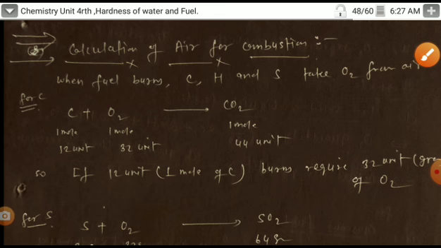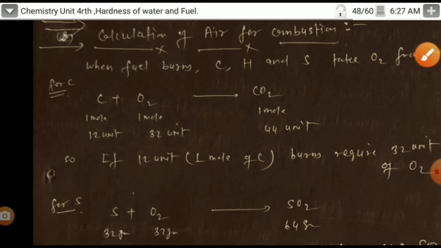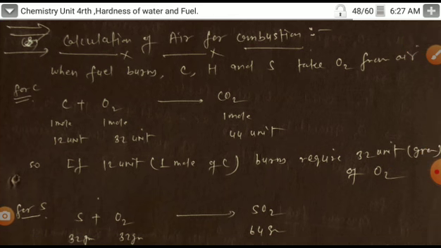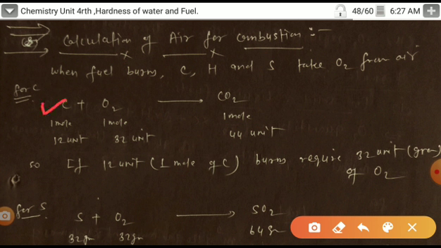Now let us understand carbon present in a coal sample or a fuel. Carbon, in the presence of oxygen which is present in the air, will form carbon dioxide when it is burned.